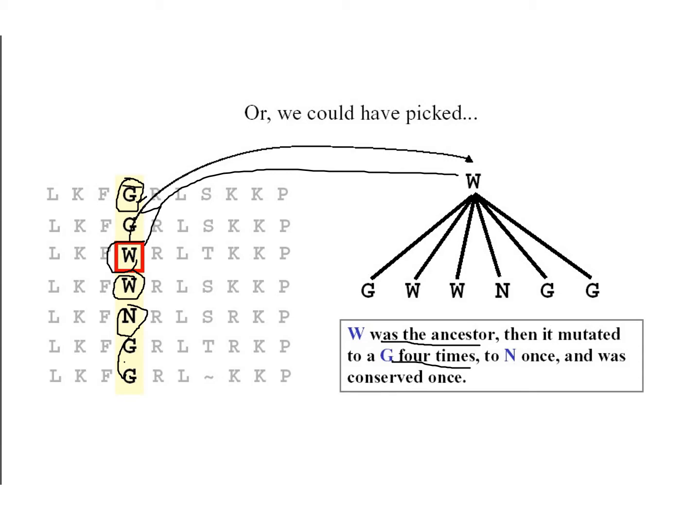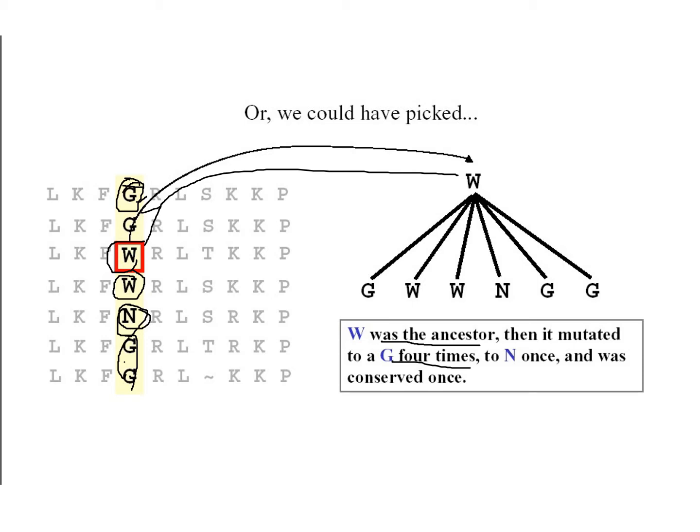We check that particular base pair with the others, how many have been mutated and how many have been retained. In case of W, it mutated to G 4 times, to N once, and it was retained or conserved once. As you can see, one W is already there, so it was conserved as W once.